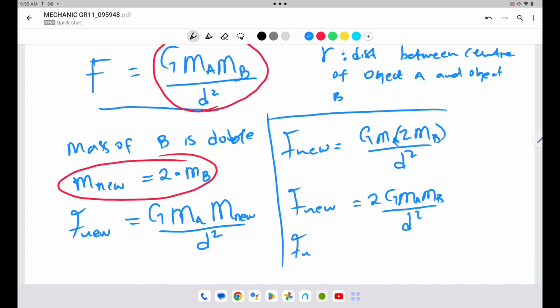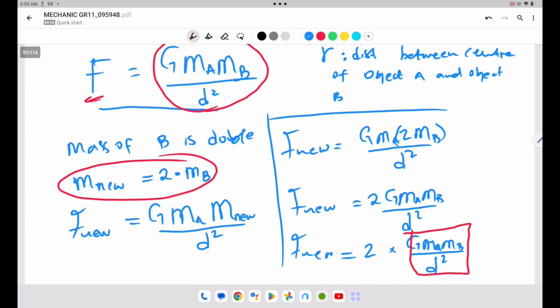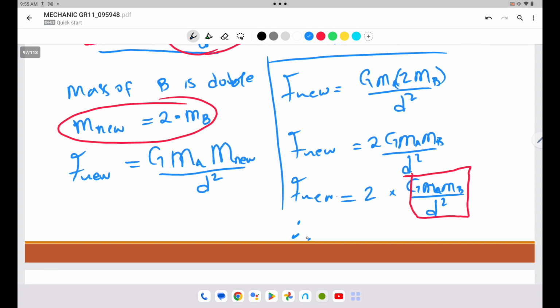If I separate the numbers from the variables, I have 2 multiplied by G M A divided by d squared. But I have seen this expression before. We said that was equal to F. Therefore, the new force will be 2 multiplied by F, because they're equal. So the new force is twice the old force.